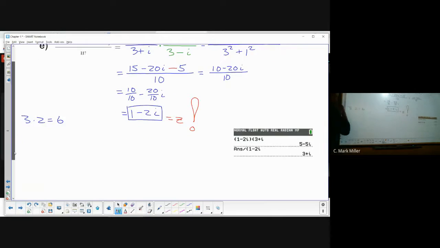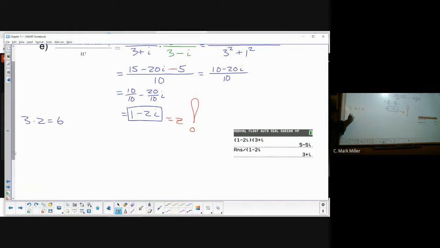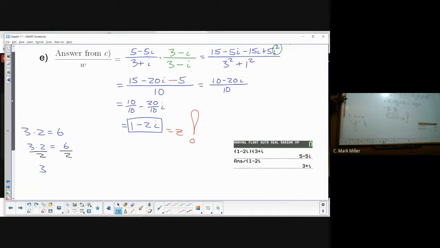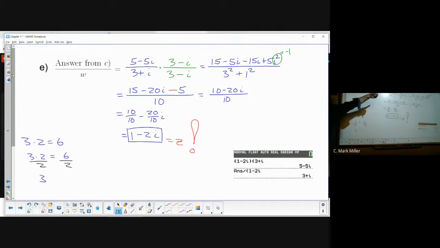If I divide each side, 3 times 2 is 6, and I divide the left by 2 and the right by 2, I should get 3, the other one. Up here, answer from C. This is why I worded it weird like this. What was C? C was ZW.